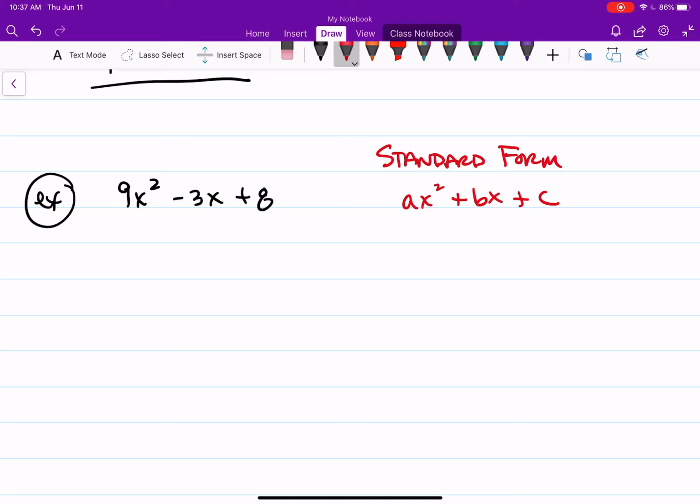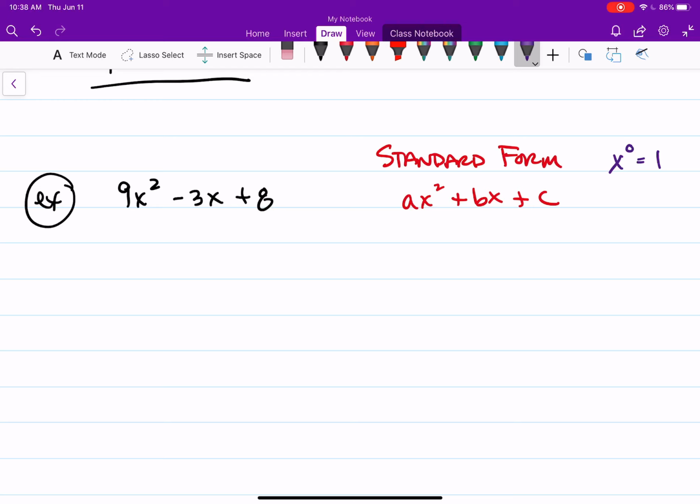Then it goes down to the first power because there's always an imaginary 1 right there, okay? With the 1, we don't really need to show it. So that's why it's just there. And then you notice the c doesn't have an x. Why? Because x to the 0 power is equal to 1. So c times 1 would just be c.